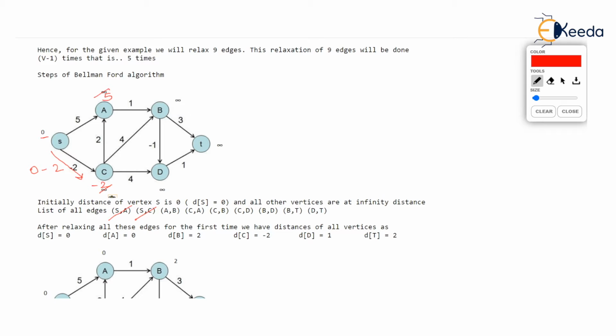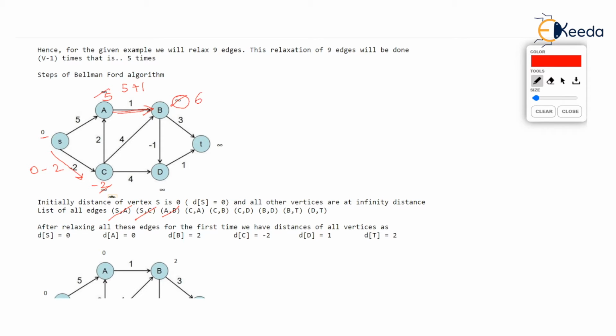Let's take the next edge. I am striking it out here in the list, A comma B. Now note A comma B, the edge over here. How will you work on this? It will be 5 plus 1, isn't it, over here? 5 plus 1. Distance of A is 5 plus cost is 1. This is 6. 5 plus 1. Is it less than infinity, distance of B? Yes. So distance of B will be 6.